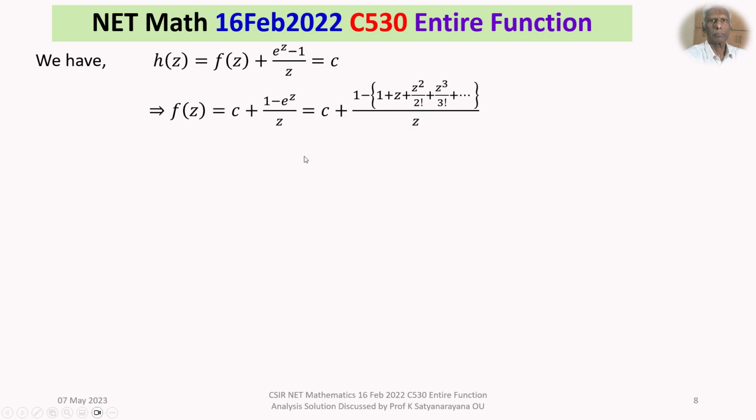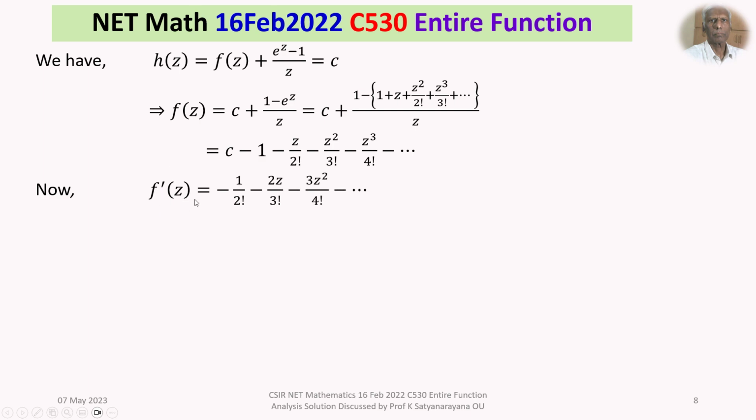The 1 cancels, and z is a common factor in numerator and denominator, so you will get C minus 1 minus z by 2 factorial minus z square by 3 factorial minus z cube by 4 factorial, minus so on and so forth. That is your f of z.